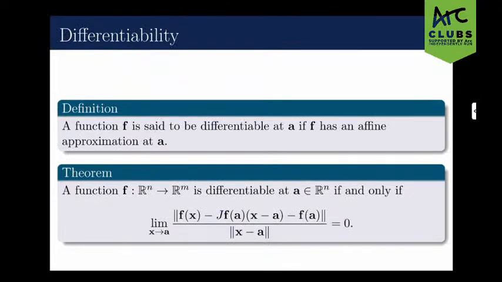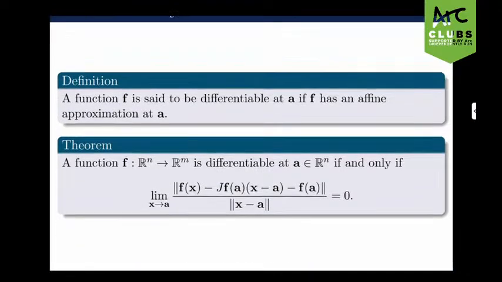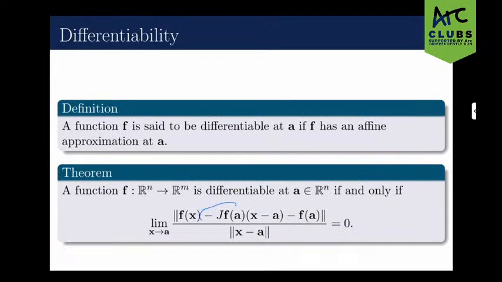Okay, differentiability. A function is said to be differentiable at A if it has an affine approximation at A. So there exist a matrix A and a vector B such that this equation here is true. It turns out that if a function has an affine approximation at a point A, then we can rewrite it in this form.